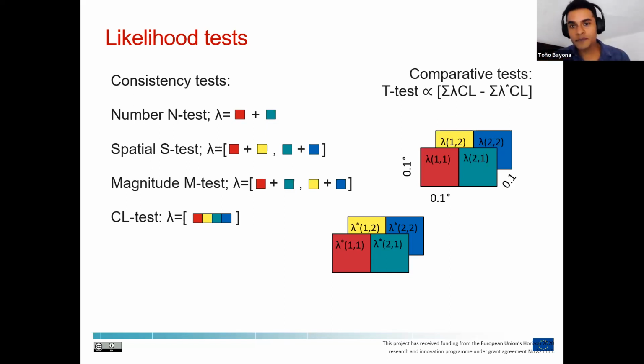That is done by means of the comparative t-test, which is based on information gains, a metric that tells us how much information a model is providing about earthquakes with respect to another benchmark model, which in this case I'm referring to as lambda asterisk.